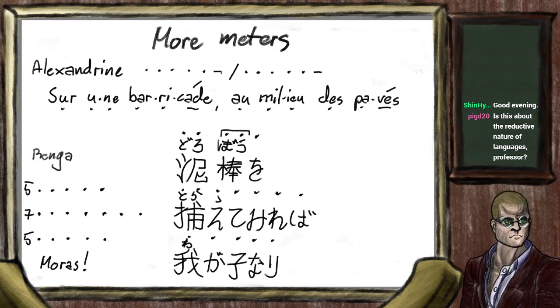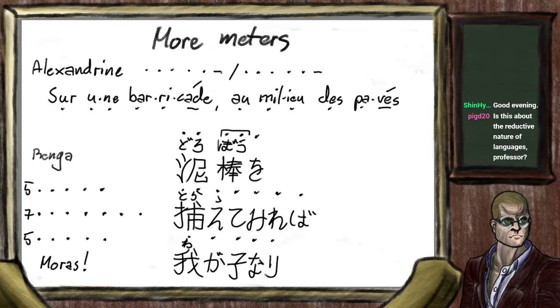So, as usual, the poetic meter fits the language in which it is being used. And this example line is "sur une barricade au milieu des pavés", which is from Victor Hugo and is titled Sur une barricade.